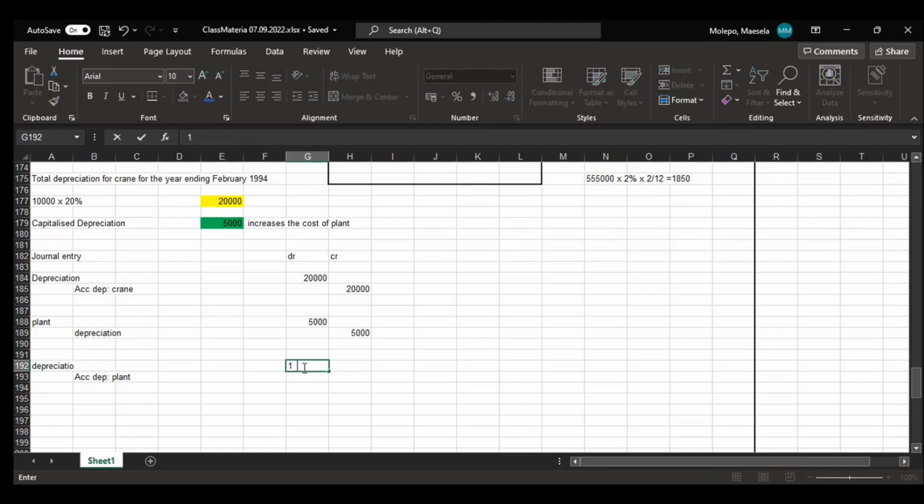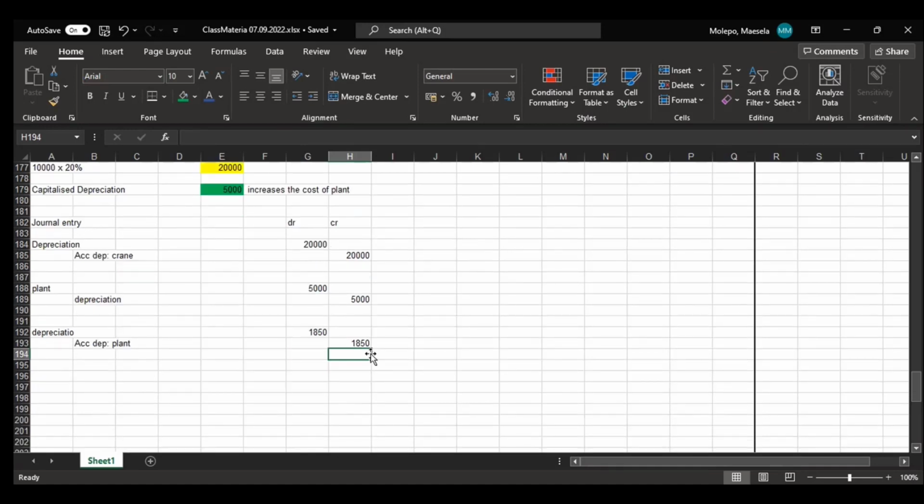Here it will be 1,850. So the depreciation to be written off in the statement of profit and loss, the normal one, will be the mixture of these. All these things we're going to use. So the depreciation to be written off in the income statement will be depreciation.